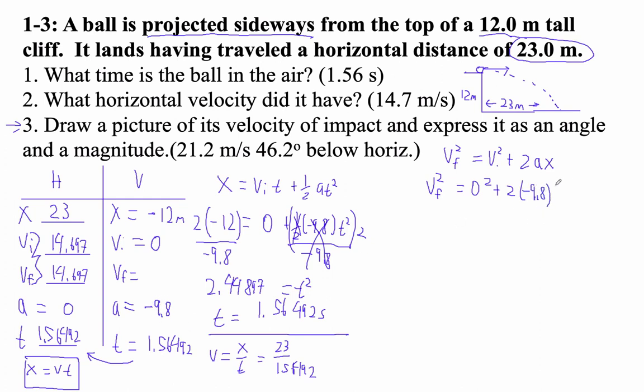The acceleration is negative 9.8, and then our displacement is negative 12. Okay, so let's multiply. 2 times negative 9.8 times negative 12 is 235.2. That is VF squared.